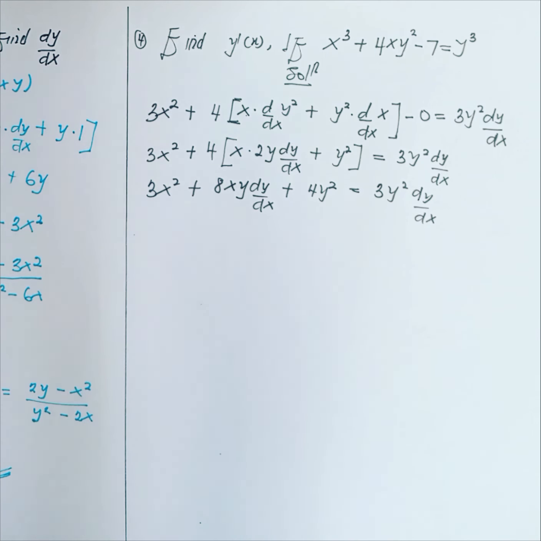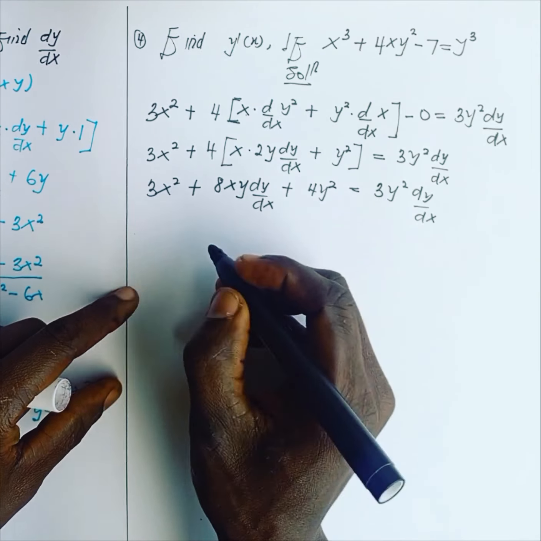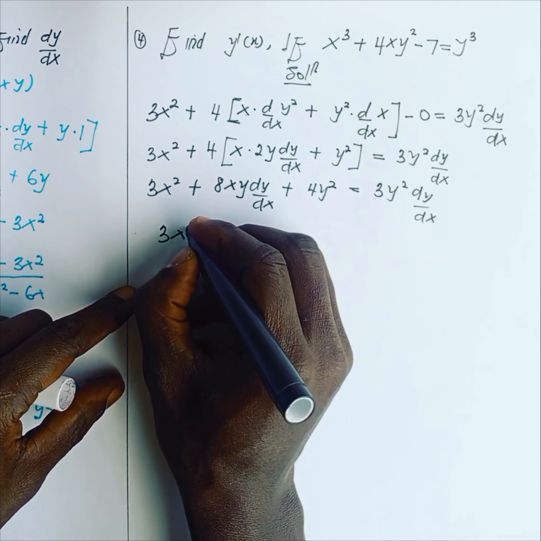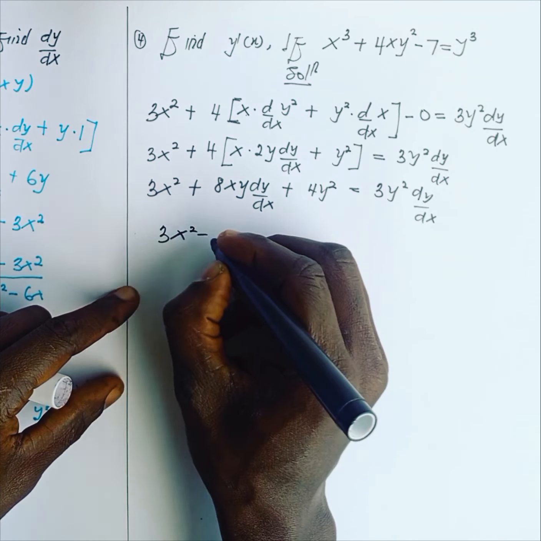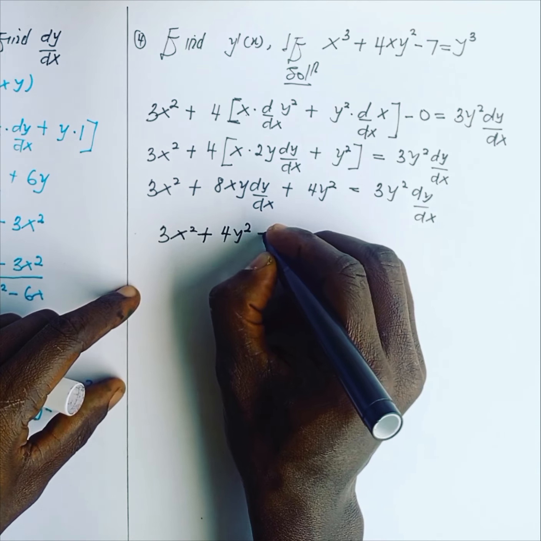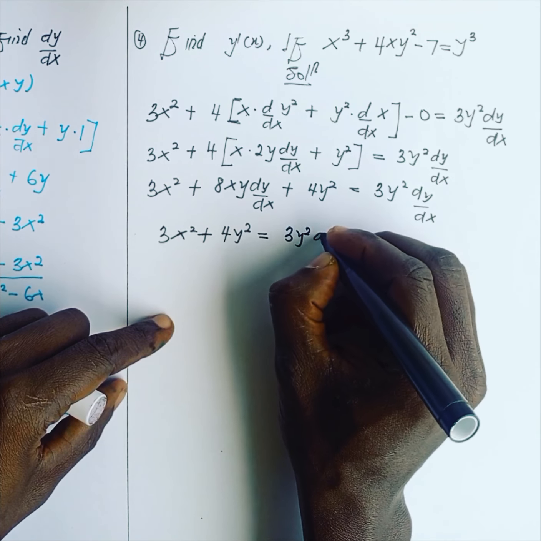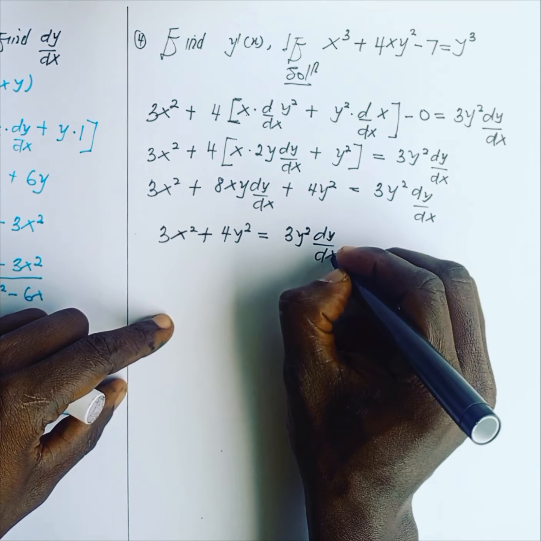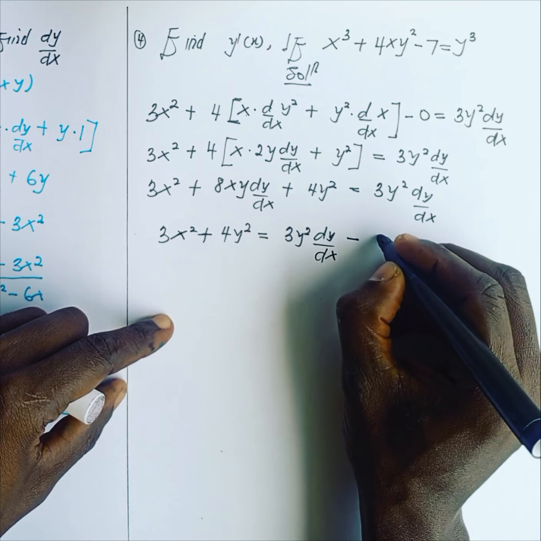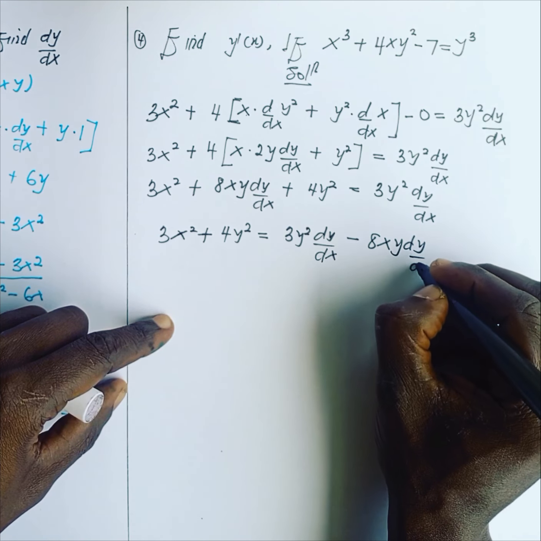So let's bring this one to this very part. We'll be left with 3x squared plus 4y squared is equal to 3y squared dy/dx, and this will give us minus 8xy dy/dx.